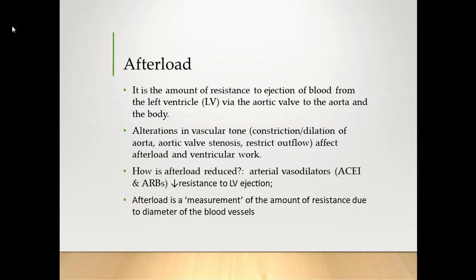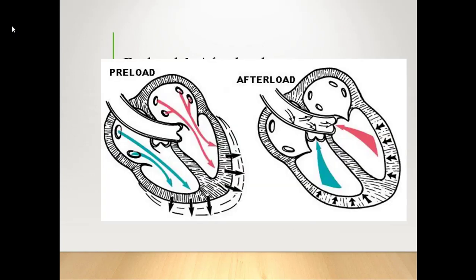To reduce afterload, you're going to see things like ARBs and basically a vasodilator, so that the resistance to the left ventricle ejection is actually decreasing. That's how we decrease afterload. Just some pictures of preload and afterload.